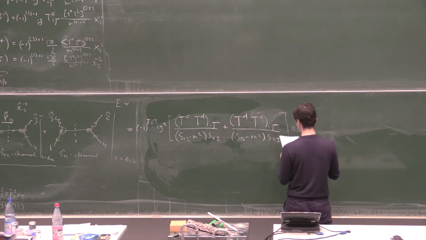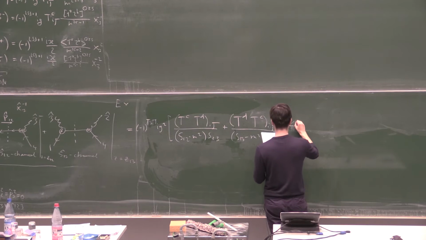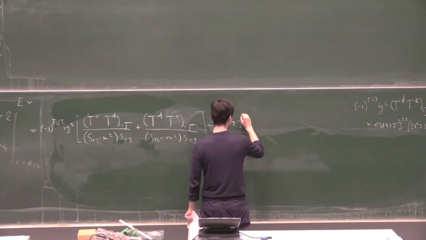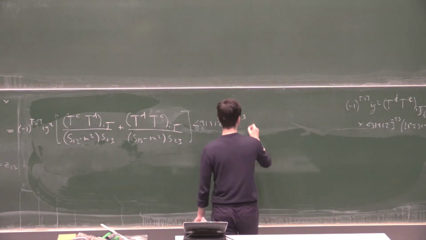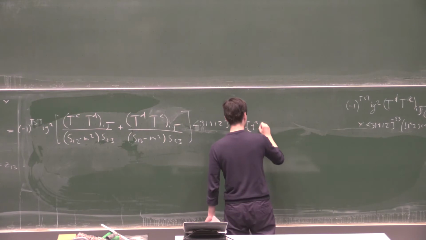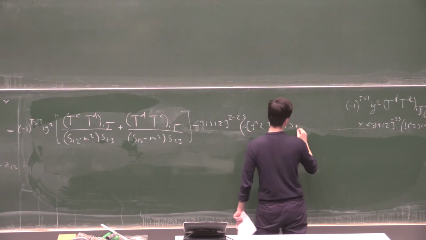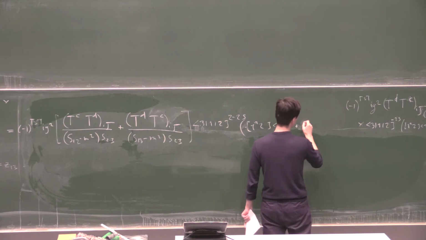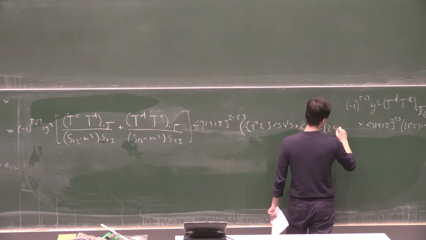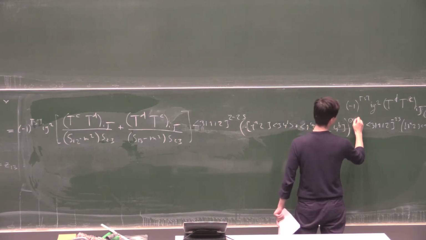And the bracket in front is the same, 312, 2 minus 2s, 1a, 1, 2, 3, 4, plus 1, 3, 2, 4, 2s.